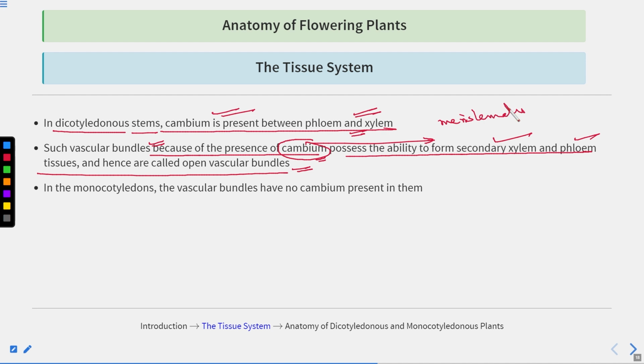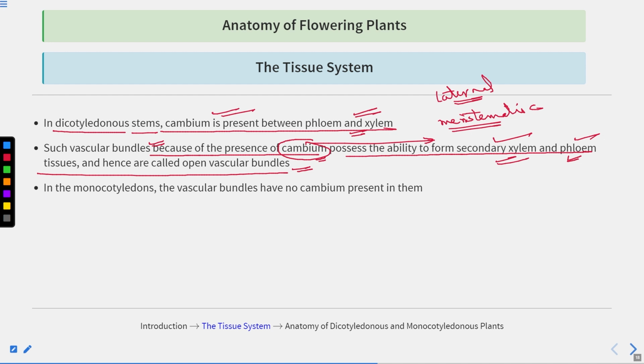You must have studied in class 9 the different types of meristematic tissue: apical meristem, intercalary meristem, and lateral meristem. So this cambium is the lateral meristem, and it divides and redivides the cells and forms the secondary xylem and the secondary phloem.